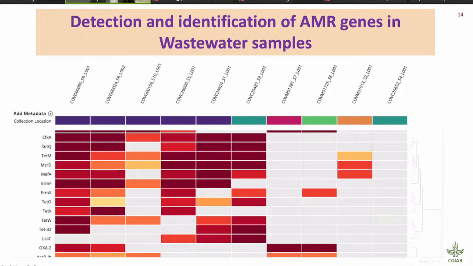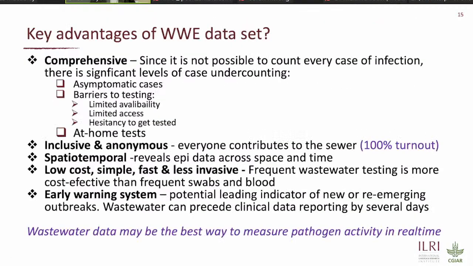The sample on the left has quite a lot of antimicrobial resistant genes, while others from different locations may not have as many. So again, it gives the picture of how much antimicrobial resistance is in circulation within a population, and different populations will show different profiles.